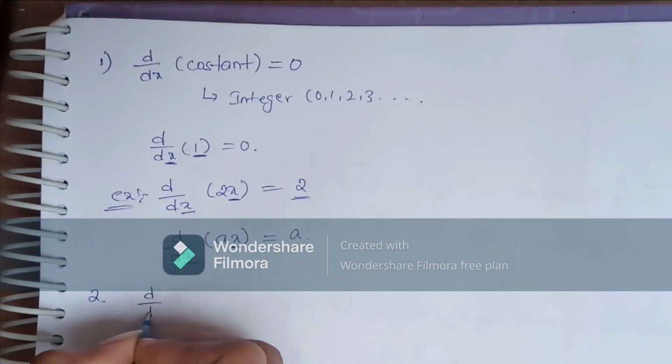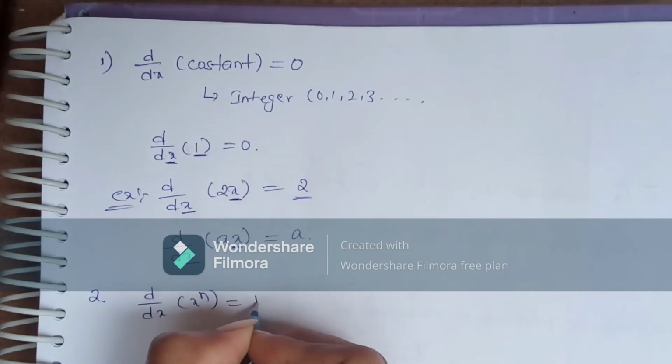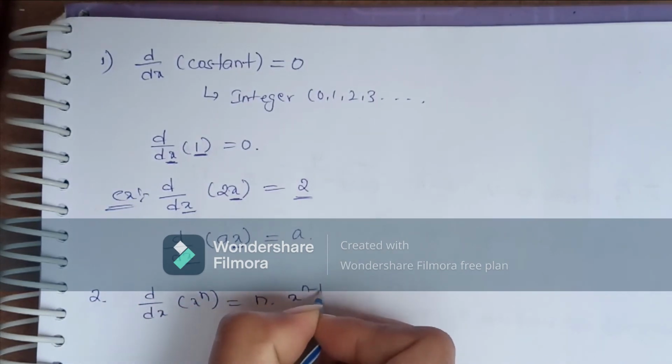The next formula is d by dx of x power n equals n into x power n minus 1.